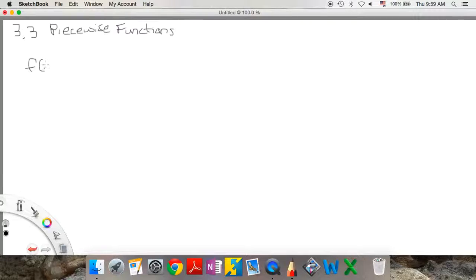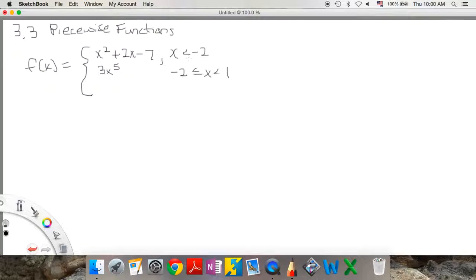So for example, we could have a function that looks like this, and it's a parabola, but only for x less than -2, and then it's a 5th power polynomial between -2 and 1, and then it's an exponential for x bigger than or equal to 1, and we'll talk about exponentials later. But for the most part, the biggest thing is piecewise functions are in pieces.